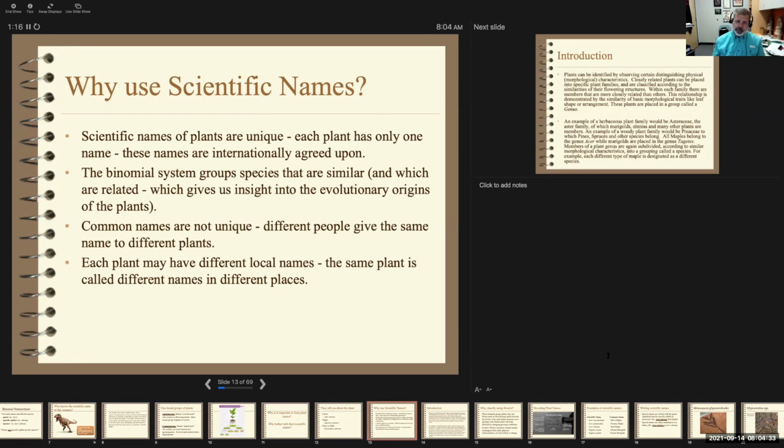Each one is unique. There's no two different plants that are given the same scientific name, but common names are not unique. You may call a plant something in one region of the country and something else in a different region of the country, but they do not hold true throughout different countries, throughout even our own country. And so you want to be using the scientific names of plants.